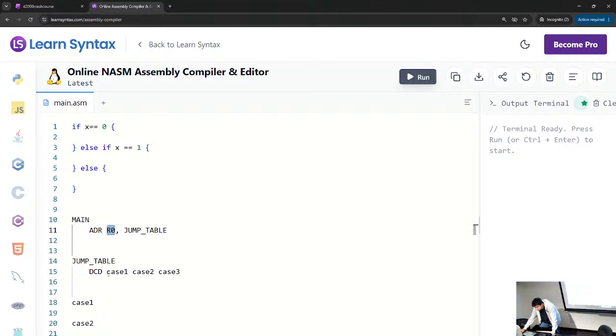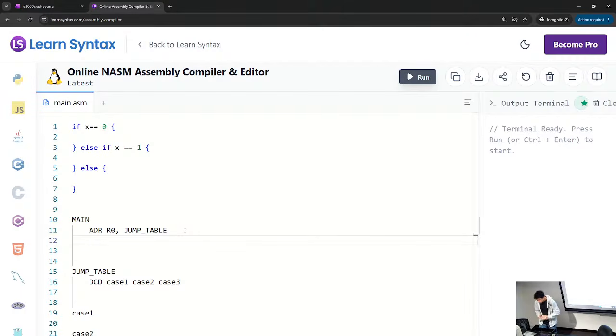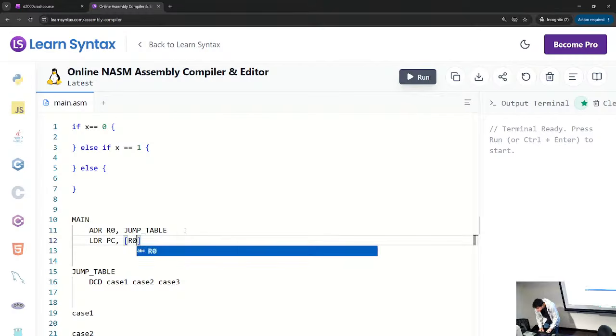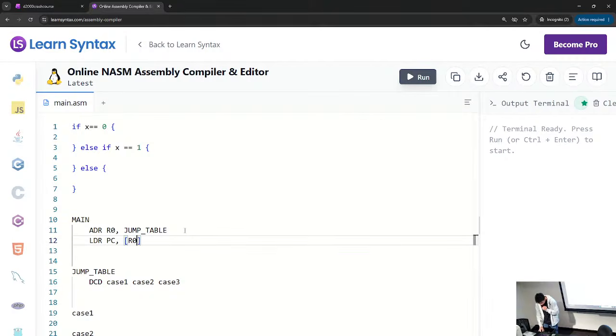R0 now looks at whatever is in the jump table, which in this case is the address of case 1. Now we can do a bit of offsetting. If you remember, when we load, we can offset the value by a certain amount.